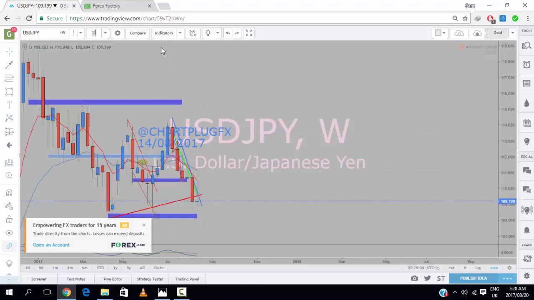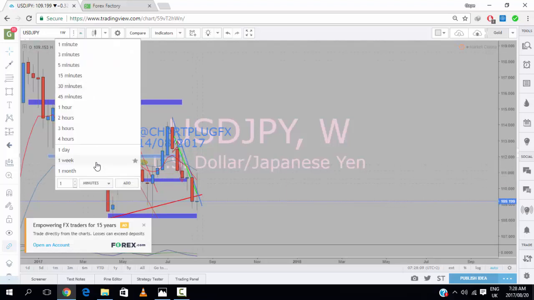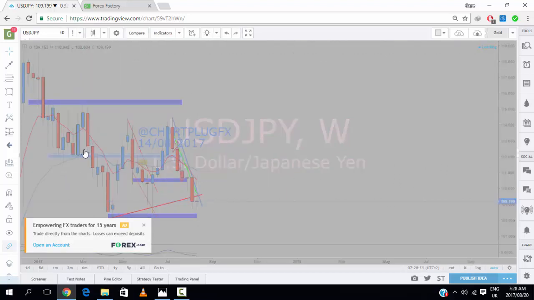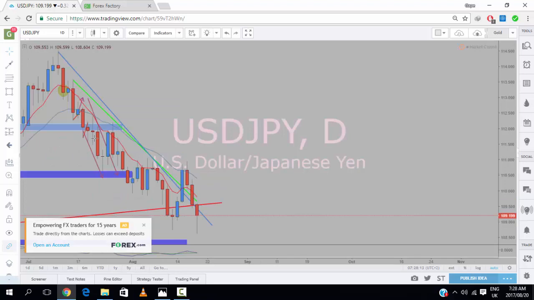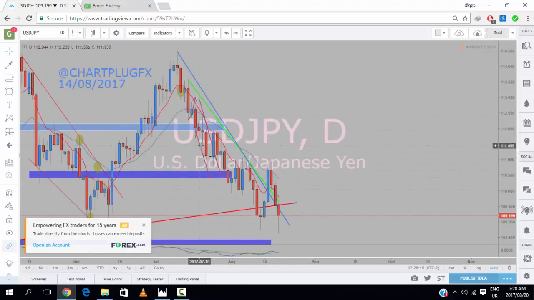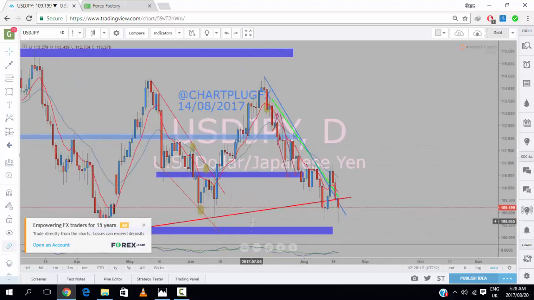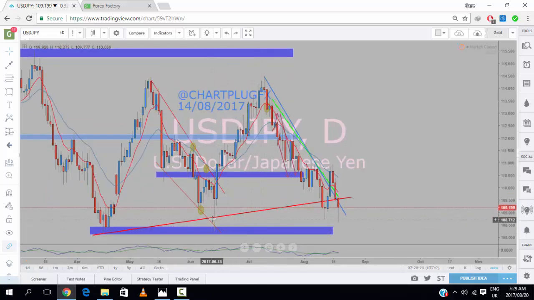But anyway, I see price rejection, so I see we're still going down. No, wait. Okay, on the daily I see price looks like it's rejecting this area here. You see that?